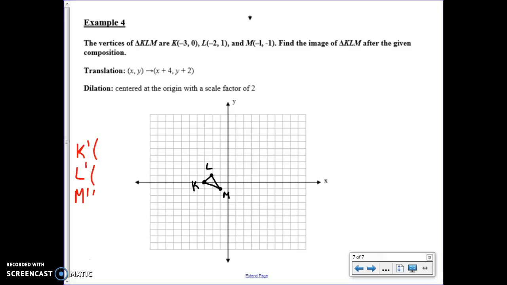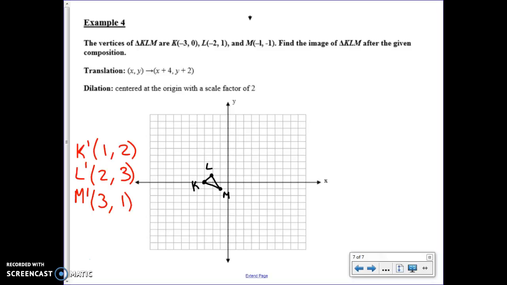So that translation tells me to add 4 to all of my x values and add 2 to all of my y values. So -3 plus 4 is 1, 0 plus 2 is 2, -2 plus 4 is 2, 1 plus 2 is 3, -1 plus 4 is 3, and -1 plus 2 is 1.